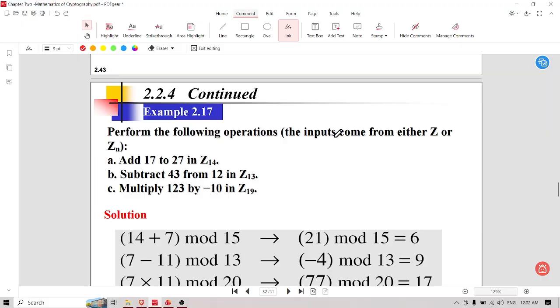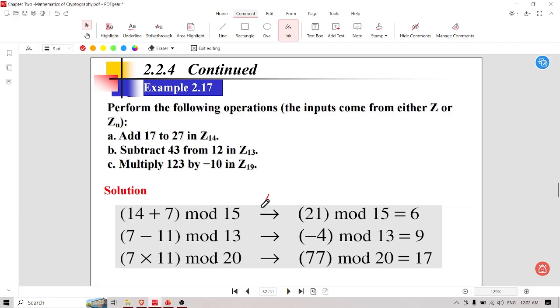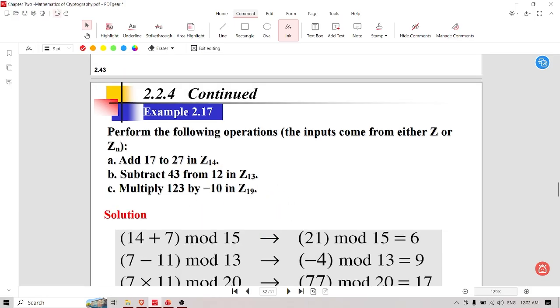Now perform the following operation. The inputs come from either Z or Zn, no problem. So again, add 17 to 27. Now we will get 44 mod 14. Actually, this is wrong. The solution that has been provided in the textbook is also wrong.